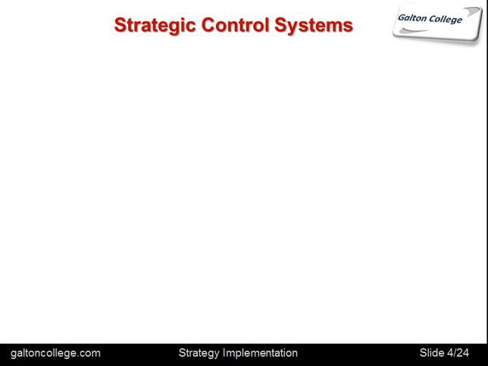So let's look at the strategic control systems. First of all, the idea is to control the business and to achieve efficiency.